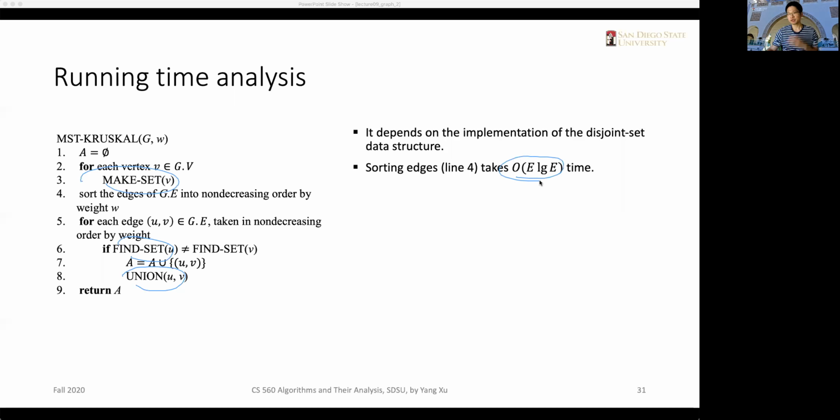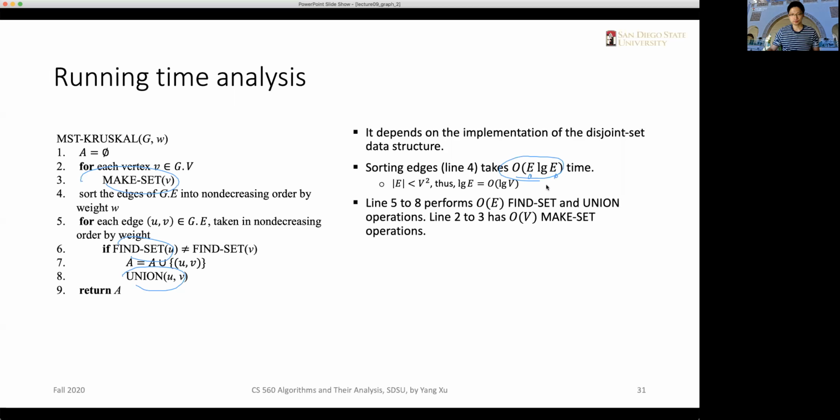Because if you take a very good sorting algorithm, it will be basically n times logarithm of n, and we have E edges, so that will be E times logarithm of E. Because E is smaller than V squared, we can also think of logarithm of E as being at the same level as logarithm of V.